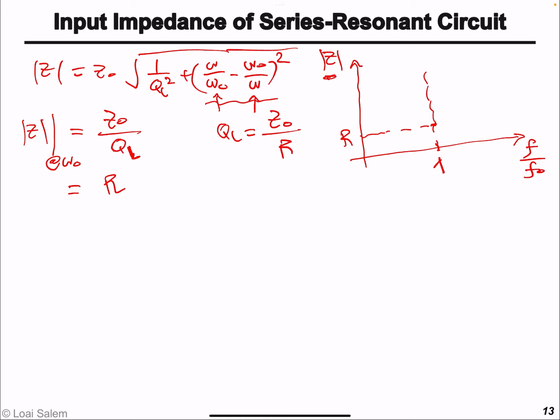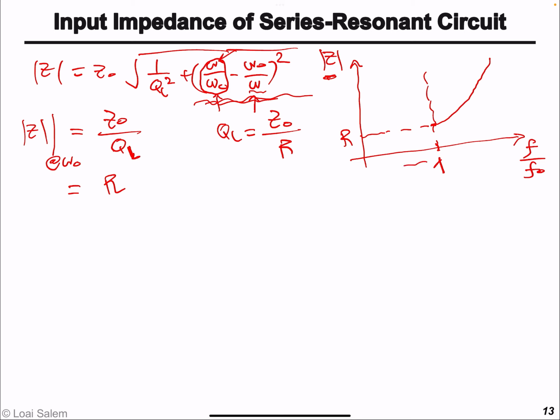Now, on the other hand, for frequencies higher than omega node, we'll find this part essentially is going to give us an increasing value with omega. So this first term will increase with frequency, while this one decreases as we increase the frequency. So essentially, this will be increasing versus frequency.